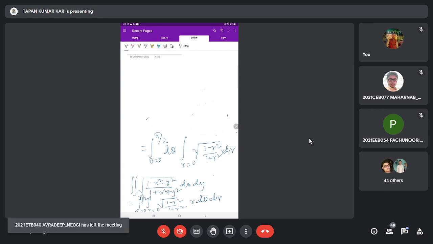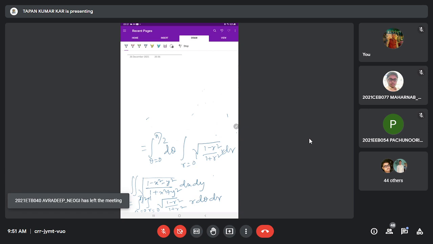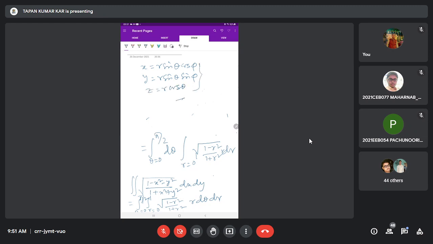If x equal to r sin theta cos phi, y equal to r sin theta sin phi, and z equal to r cos theta, find the Jacobian for this transformation.